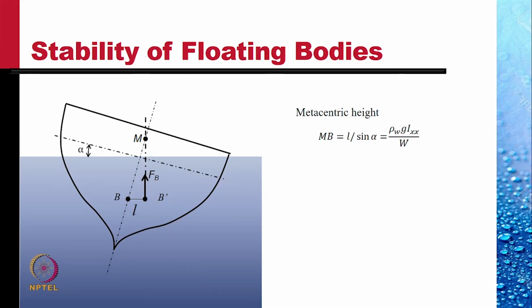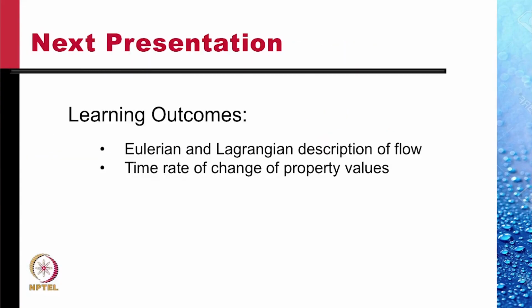So, while loading a ship, the captain and crew of the ship ensure that the CG of the ship is low enough, well below the metacenter. The metacentric height is a property of the ship geometry and the weight of the ship. It plays a very important role in floating of the ships. Thank you very much.